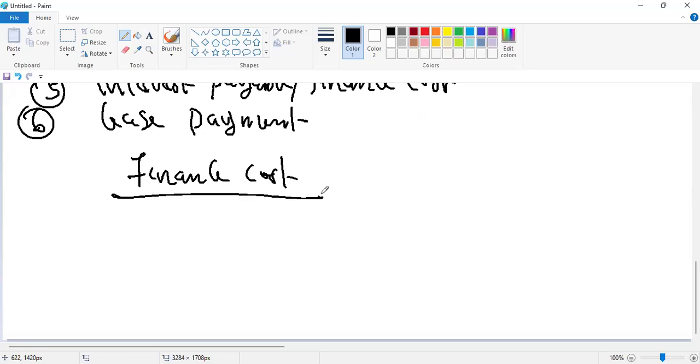Finance cost includes the debenture interest and finance lease charge. So for the debenture interest at the beginning, nil.